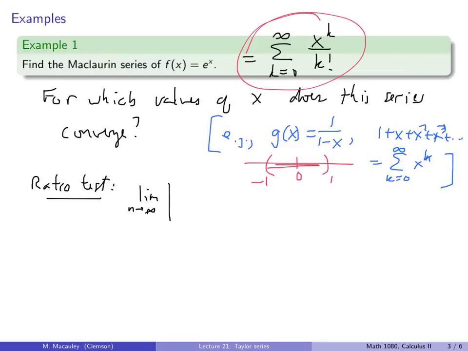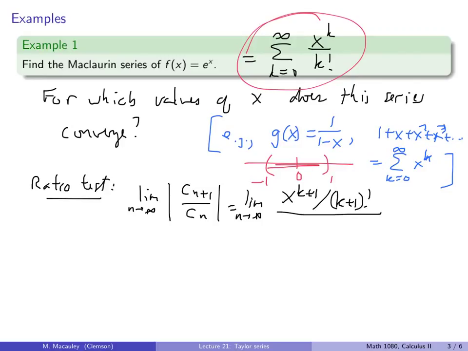I called this c sub n, so c sub n plus 1 over c sub n. So c sub k plus 1 is x to the k plus 1 over k plus 1 factorial, and the bottom is going to be x to the k over k factorial.